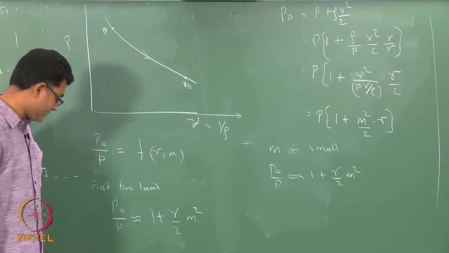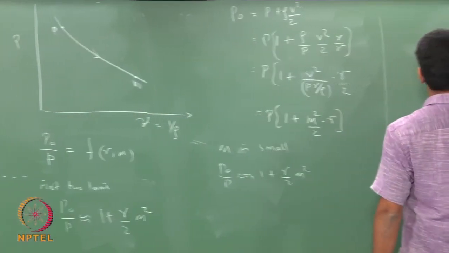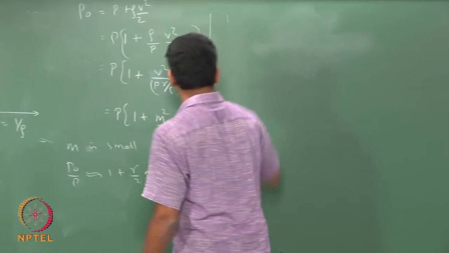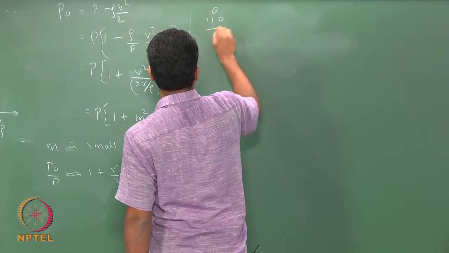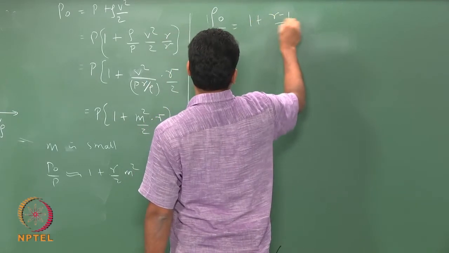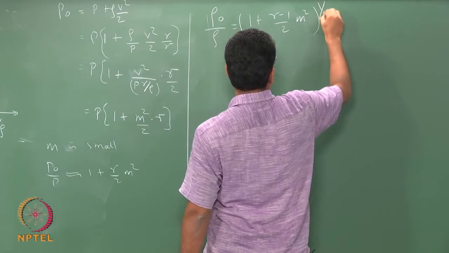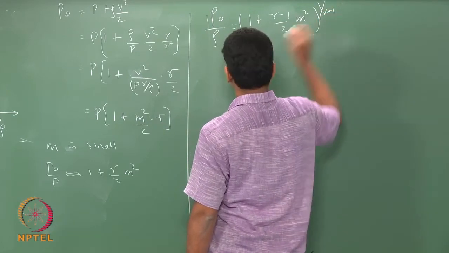How small is something which we will see now in terms of density. So, I can rewrite this in terms of density, where this is 1 plus gamma minus 1 by 2 M square to the power 1 by gamma minus 1.